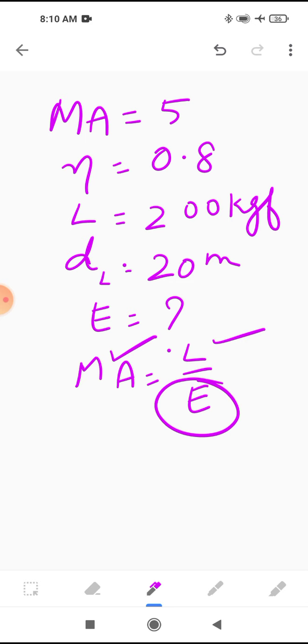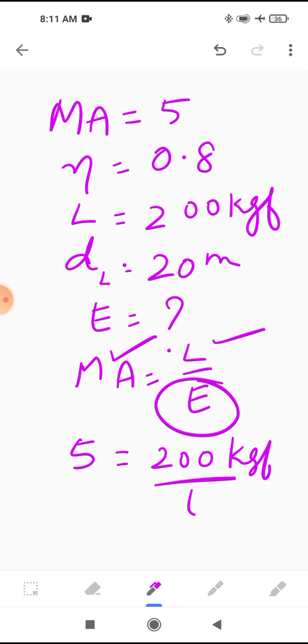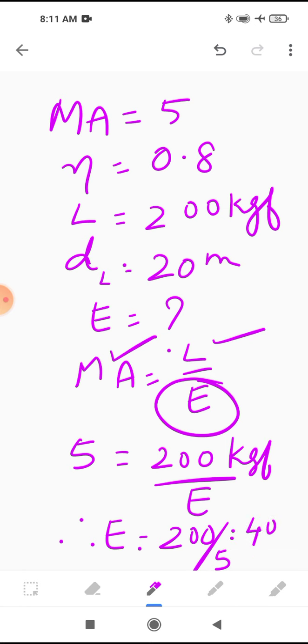MA is equal to 5, load 200 kg force, effort unknown. Therefore, effort is equal to 200 upon 5, that is 40 kg force. This is the effort.